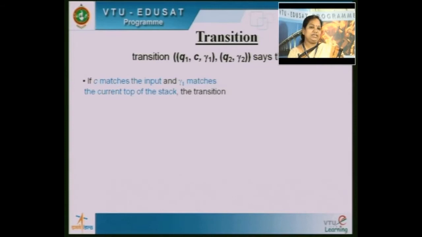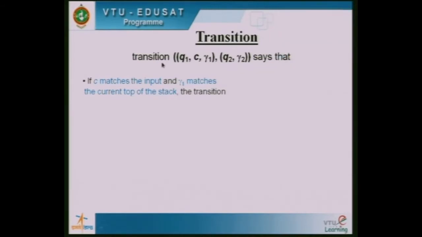One more terminology, that is transition. What do you mean by transition? Now say I have the transition (q1, c, gamma1) goes to (q2, gamma2). It means I am at state q1. If the input matched is c and the topmost element of the stack is gamma1, then we move from state q1 to q2.